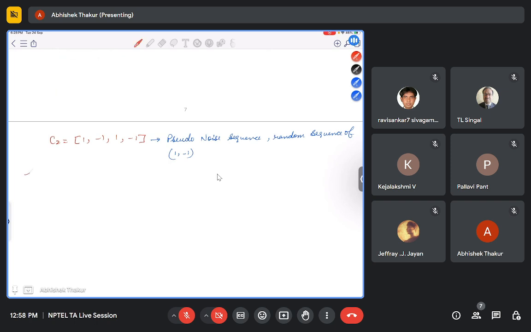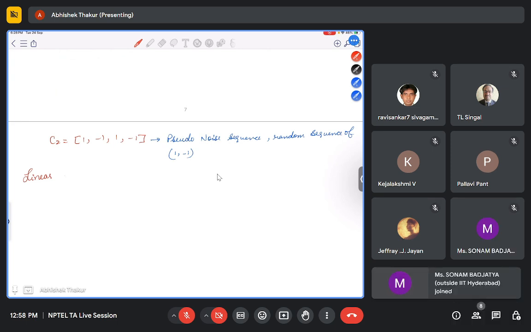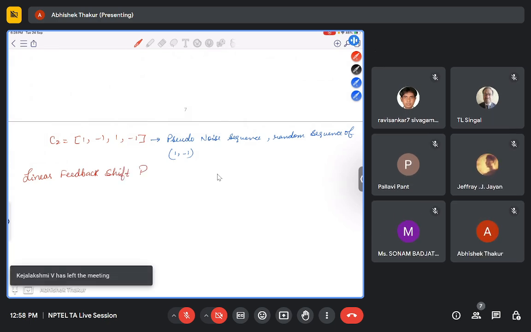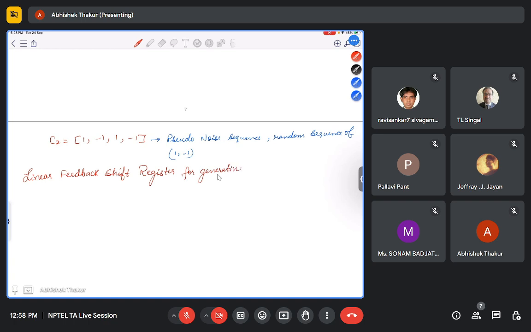We will see how the linear feedback shift register is used as a pseudo noise sequence generator, for generating pseudo noise sequences.